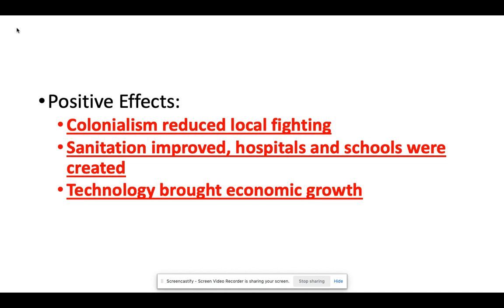We will see some improvements. So we'll see sanitation improvements. We'll see the establishment of hospitals and schools that are going to be created. Now, with these schools being created, teaching of the Western ideas and the laws of the lands with those countries that have come in to take over can work to their benefit or it can work against them. We'll see that with the establishment of schools in these colonies, the people are not all being taught the same.